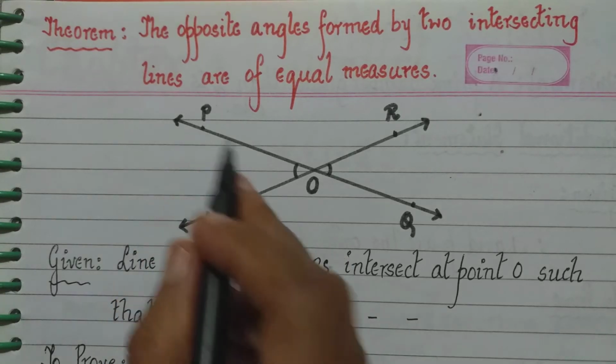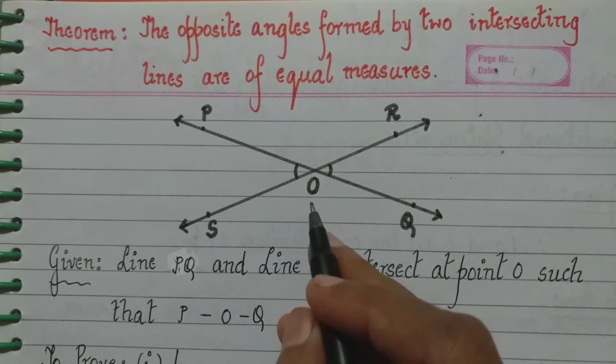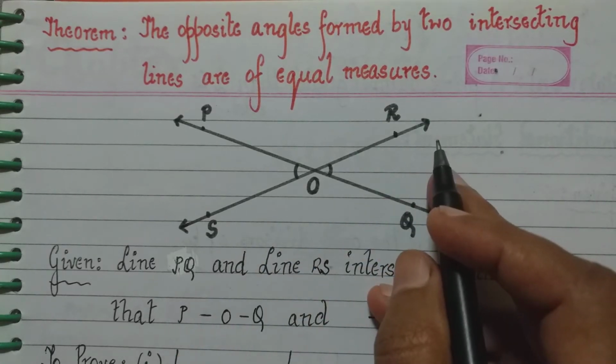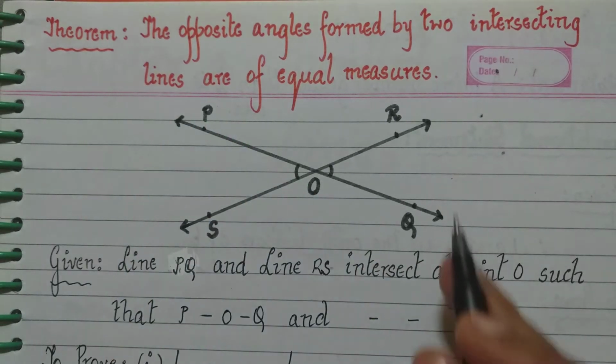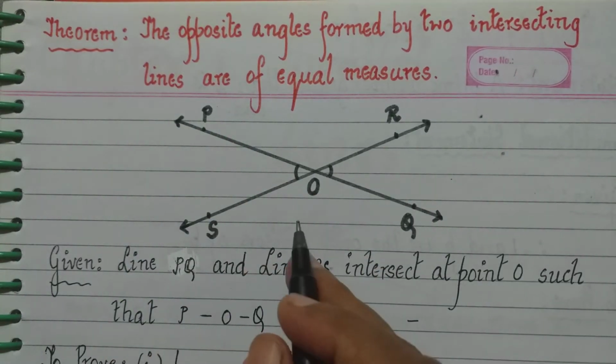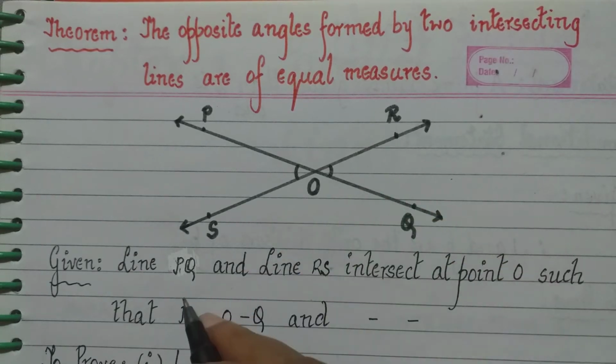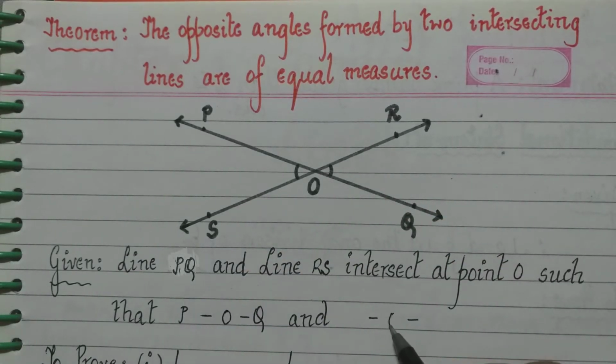So O is lying between P and Q. You also see that O lies between R and S, because O is the intersecting point of both these lines. So, I write here O lies between R and S.